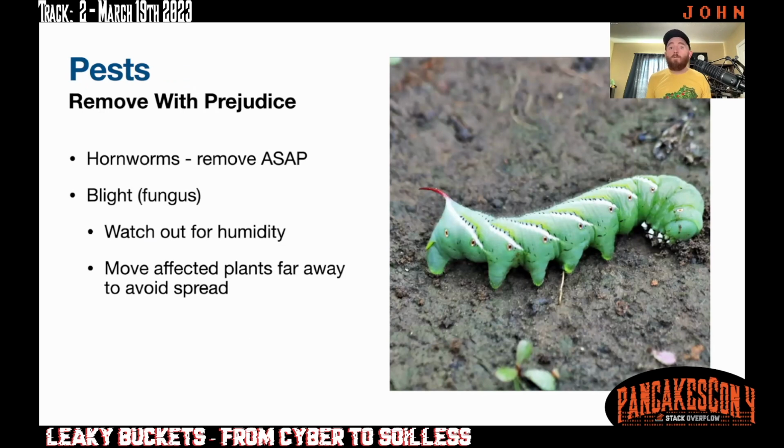Pests, real quick: remove these little guys, hornworms, with prejudice. As soon as you see them, they will wreck your tomato plants if given the chance. Also, watch out for things like blight, which shows as any kind of discoloration on the leaves or on the fruit. You'll probably want to go online and look that up to see what it looks like. Usually that happens with humidity.